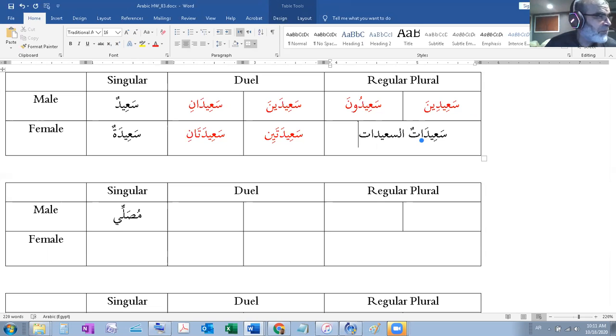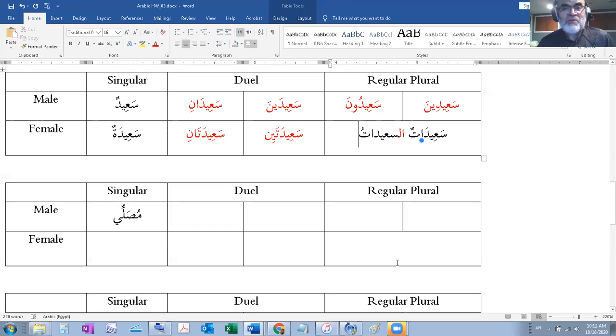This one would be wrong. Any noun that has alif lam here cannot have tanween. This is a rule of thumb. You can't have tanween if you have alif lam. So if you have alif lam, then the default form is dhamma. So you go there and you add the dhamma.